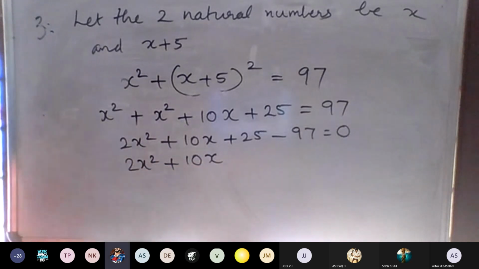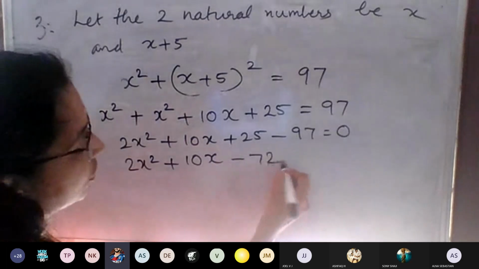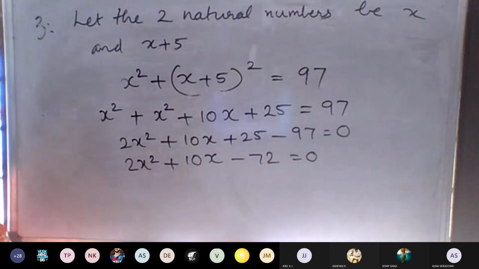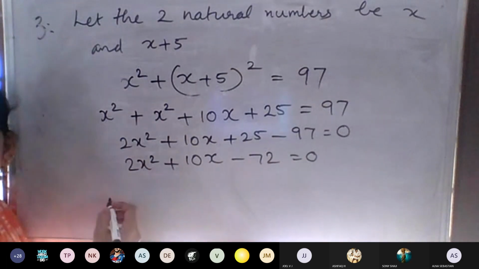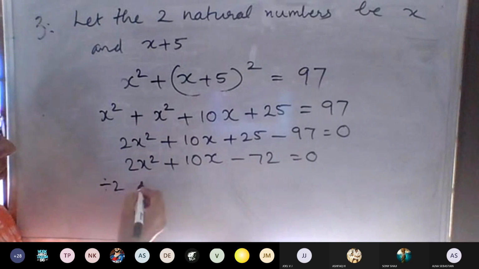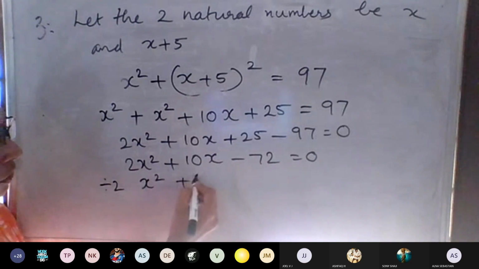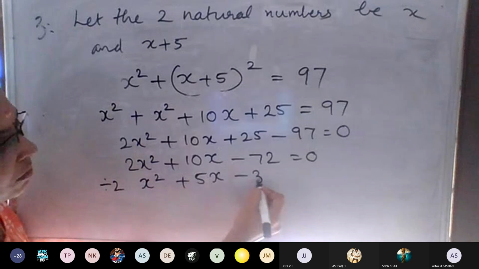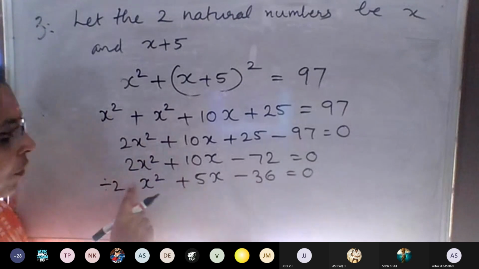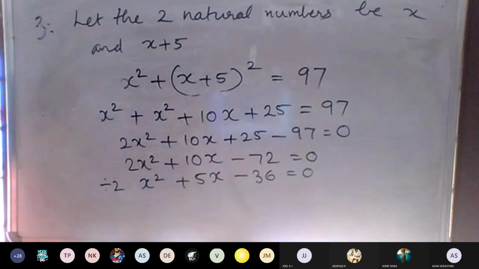Minus 25 minus 97, you got negative 72. Dividing throughout by 2, if possible, avoids the coefficient of x square. Then it is convenient, 36 and 5, so we can do factorization, that is better.